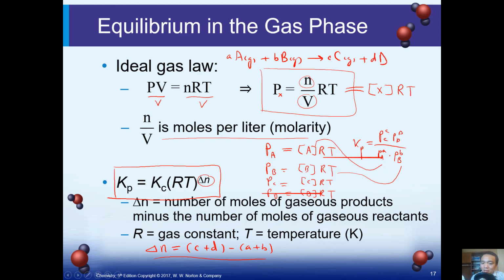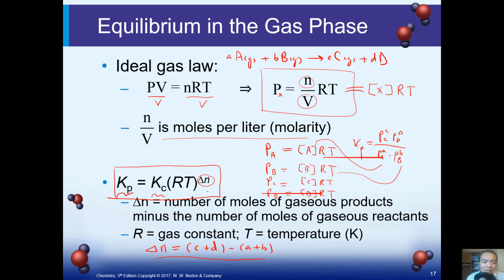That's all based on this generic reaction. So, one more time, we are able to find the Kp and Kc relationship, and Kp is Kc times (R times T) raised to delta n.